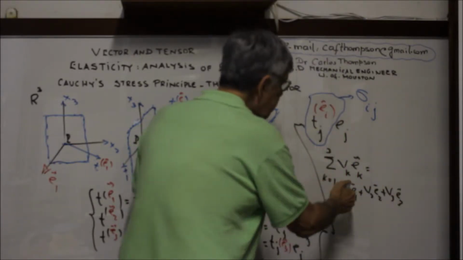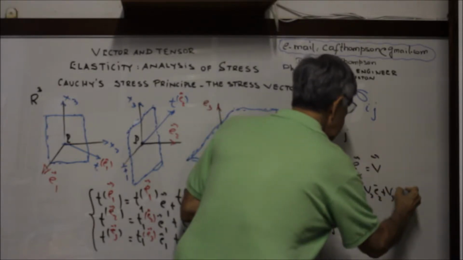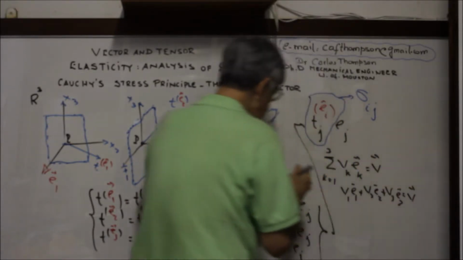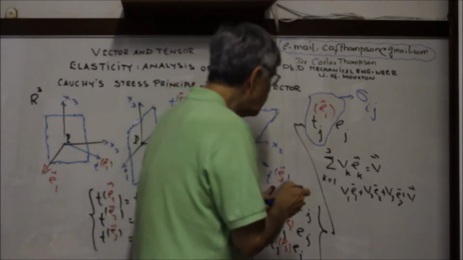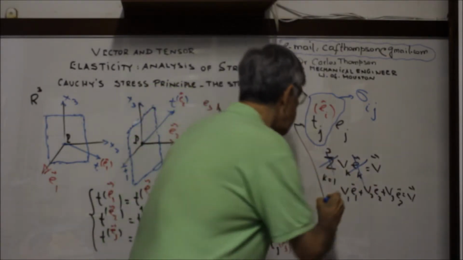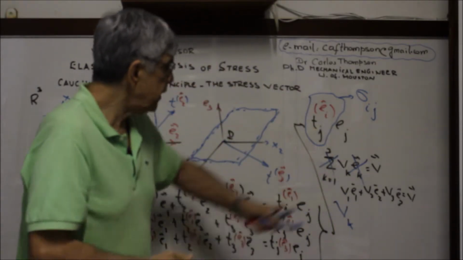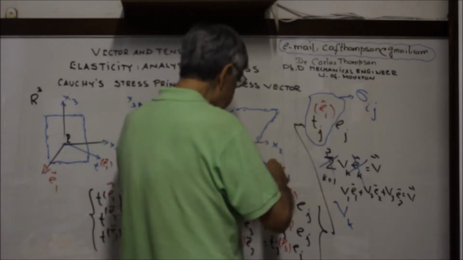Do you remember that? This is a vector v. And then for the notation, you just forget about the summation, and the vector is vk, with one free index. Exactly what we did here.